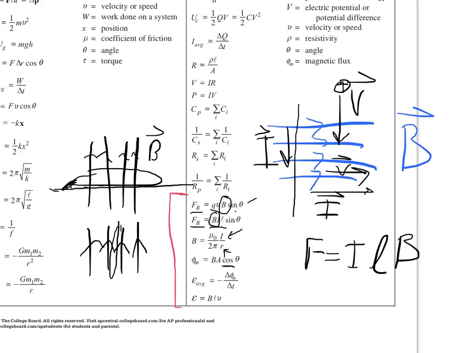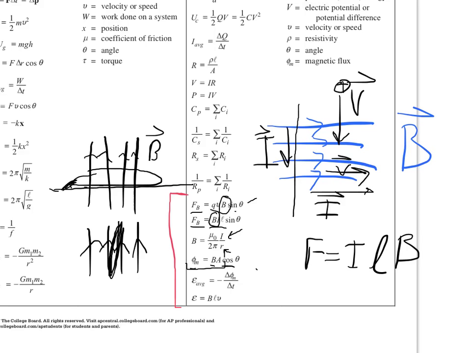So if our loop were kind of pointed like that, so that there's no field passing through it, that's when we would use the cosine of 90 and get 0 out of that. But the basic idea you've used before: phi is magnetic field times area. So flux is magnetic field times area, finding the flux with that equation.